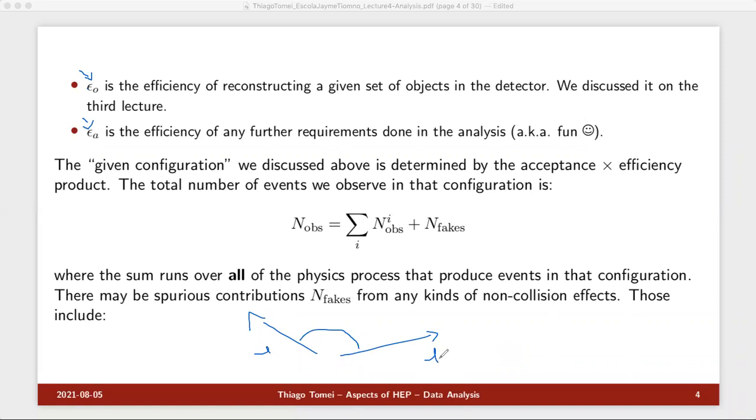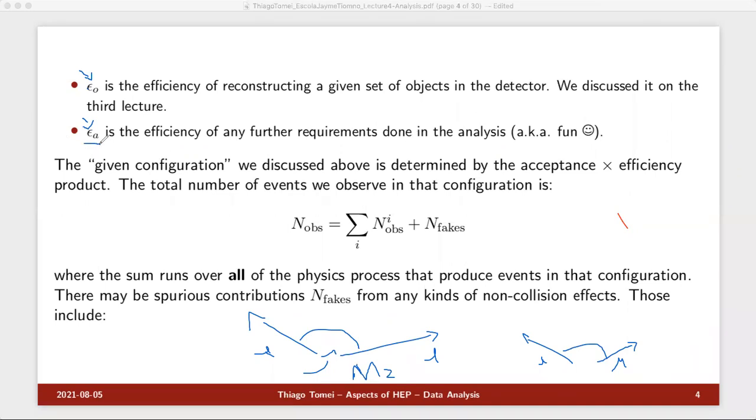Because you are interested in this kind of events, or events that have one electron and one muon, and then they have different charges and they are separated by an angle, or their invariant mass is close to some number. For instance, if you want the invariant mass of the system to be close to the mass of the Z because you're interested in Z boson physics. So you decide this. You as a physicist decide this.